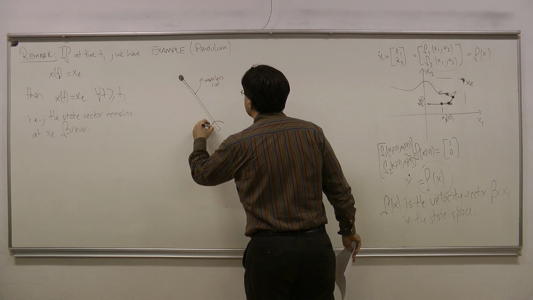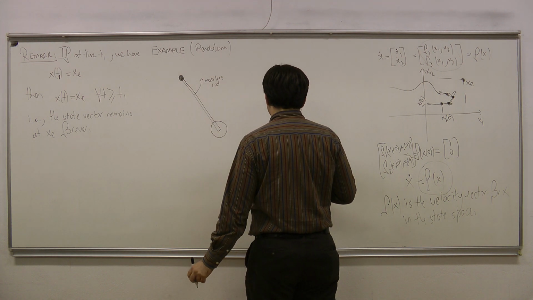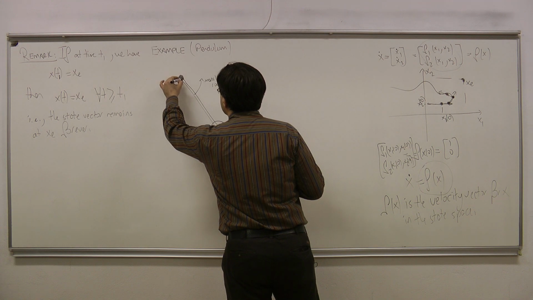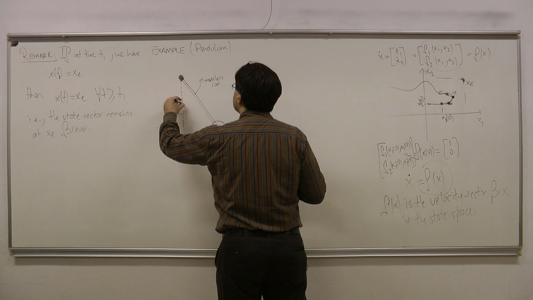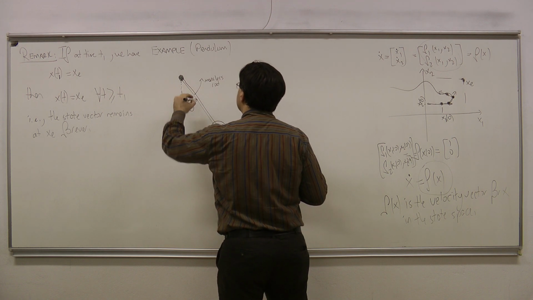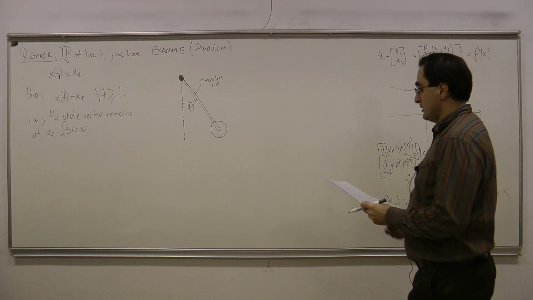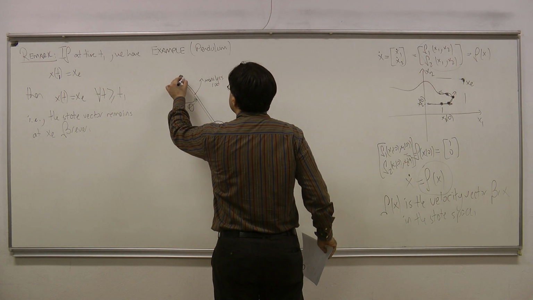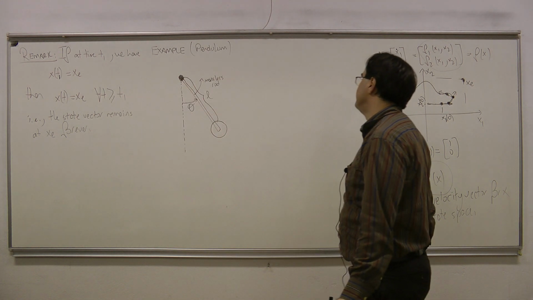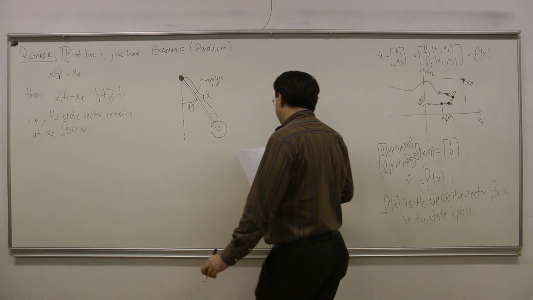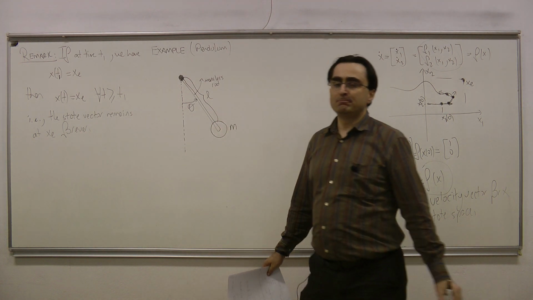And suppose that there is a mass here, and the mass of this is the pendulum. So I will denote the vertical here like this, and I will define the angle theta here. Okay? The angle of the pendulum. I will denote this length with L. Okay? And suppose that I show the mass of the pendulum with M.